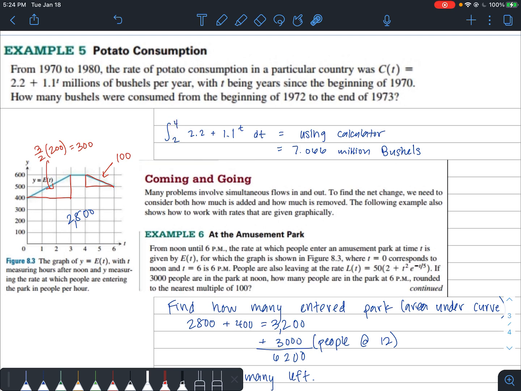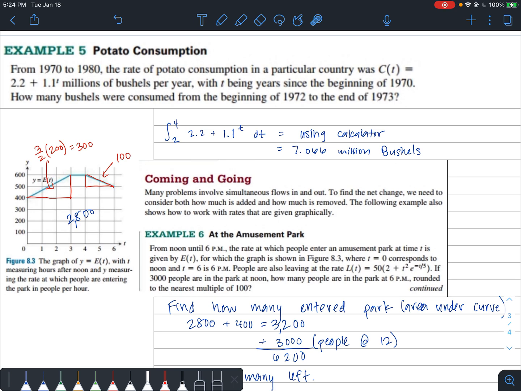So basically, the key word here, the rate, see right here from 1970 to 1980, is that this is a rate function right here. So it's telling you how much is changing. So the rate at which millions of bushels per year are consumed. So rate gives it away that this is a slope function.